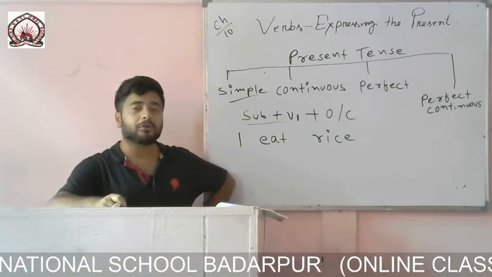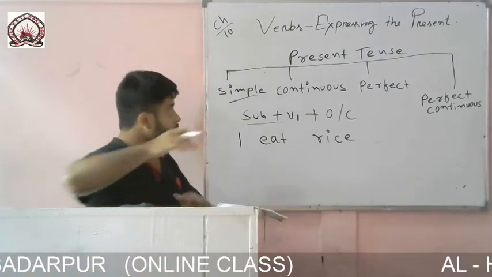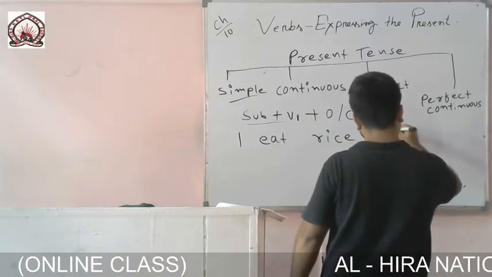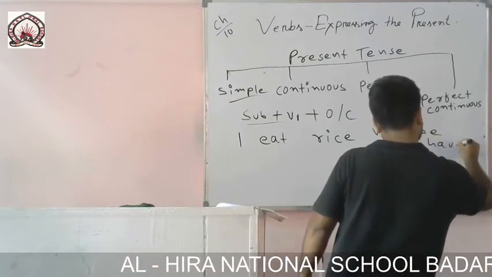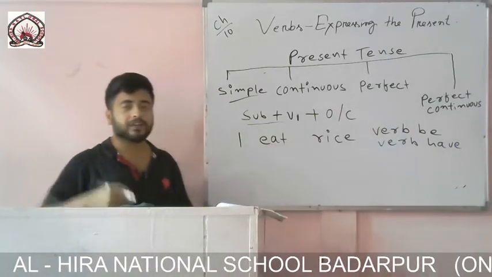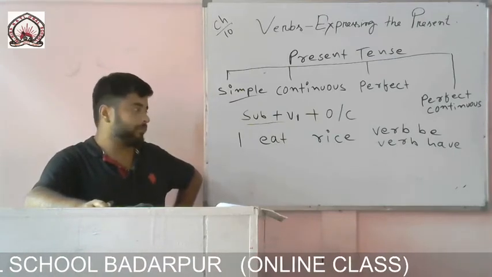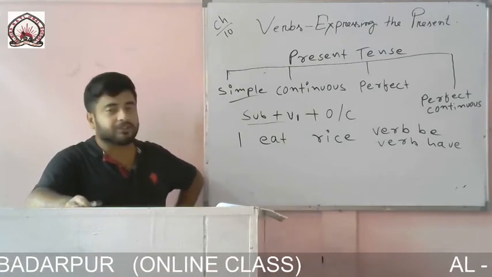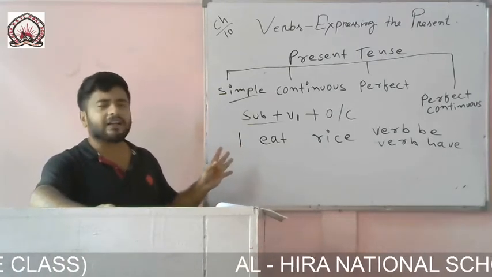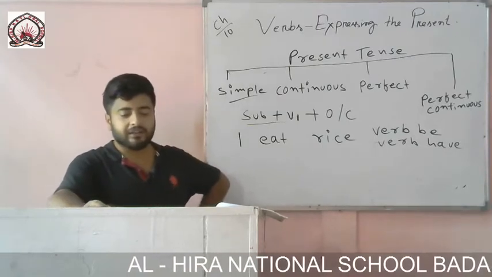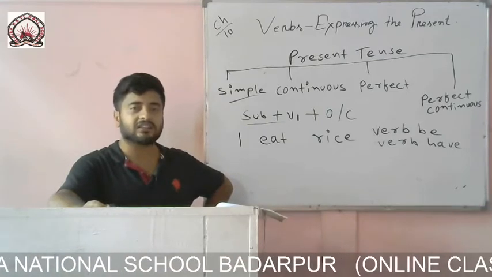In place of a direct verb, we get a be verb, verb be, or verb have, and we know that verb be and verb have are part of the auxiliary verbs. Direct verbs mean eat, fight, sleep, dance, sing. Words like these are direct verbs.